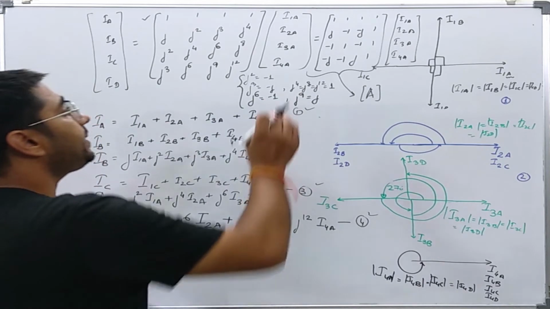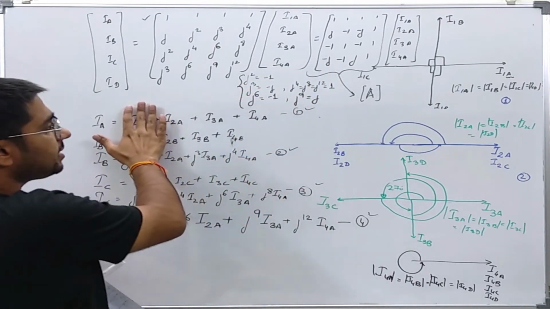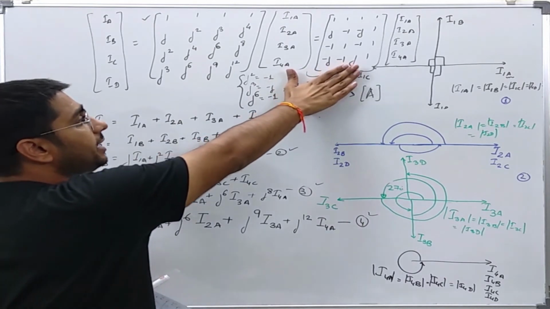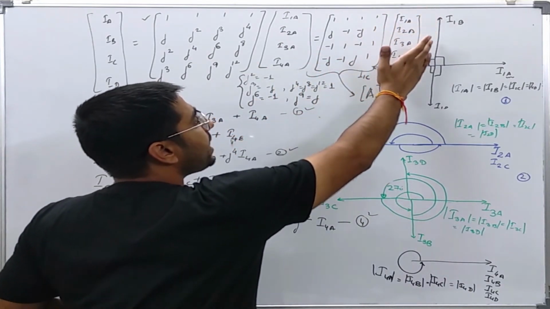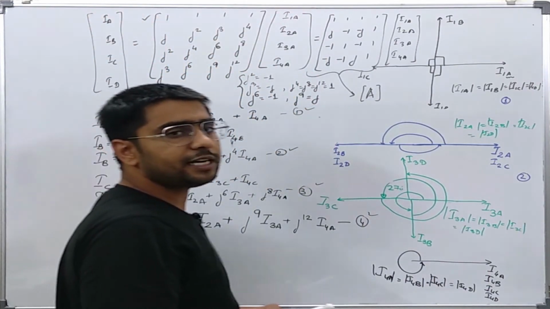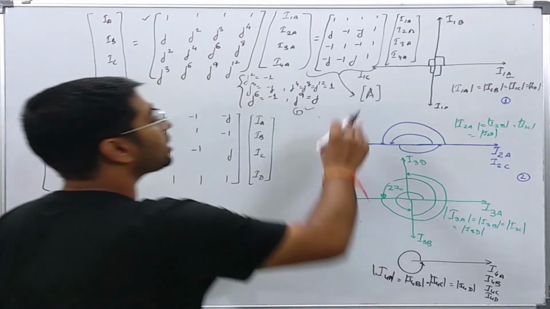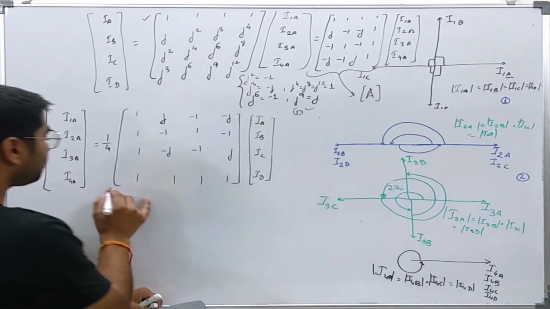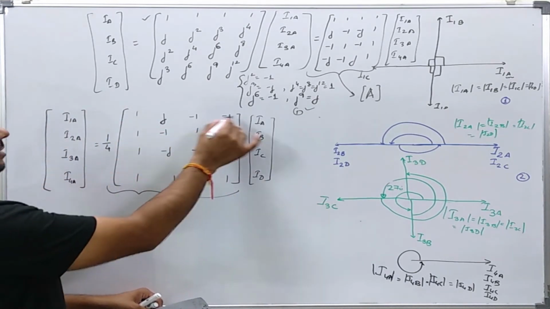Now by taking its inverse, let me erase this, and we will see how we can get the values of the components in terms of the given phase currents. That we will see in the next slide. Now I have taken the inverse of this matrix A and it comes out to be 1 by 4 multiplied by this matrix.